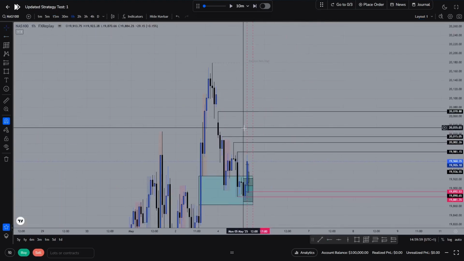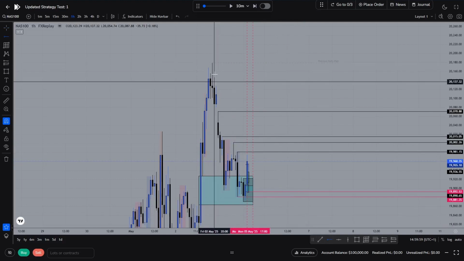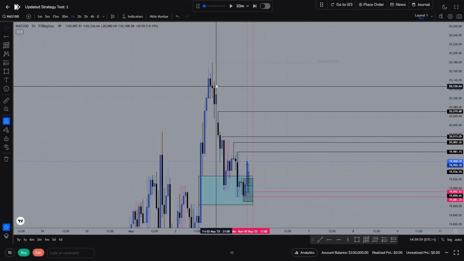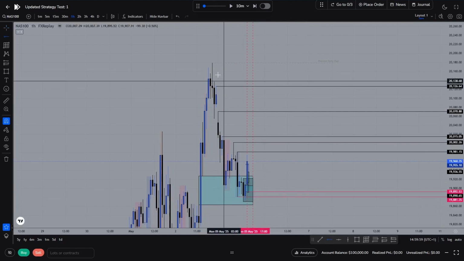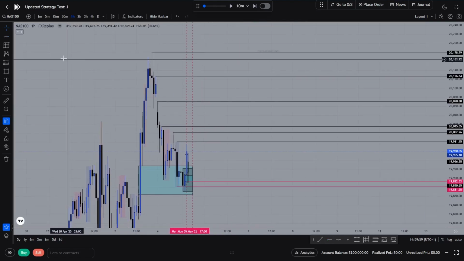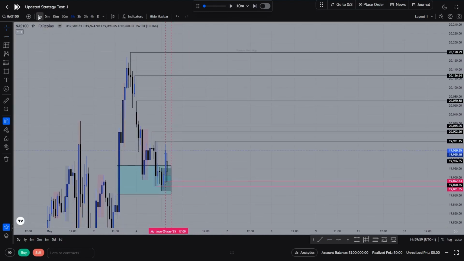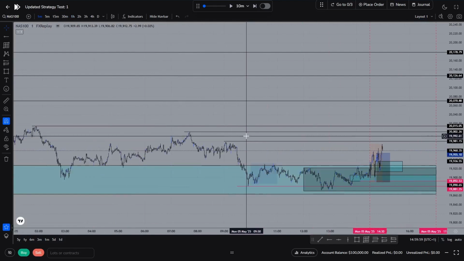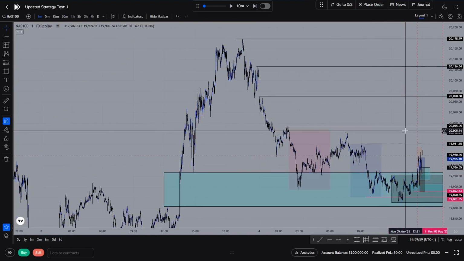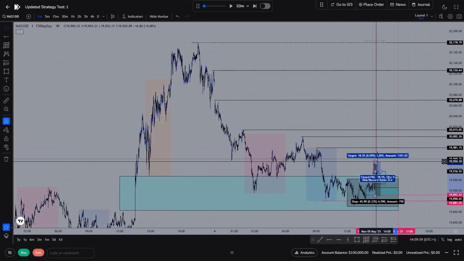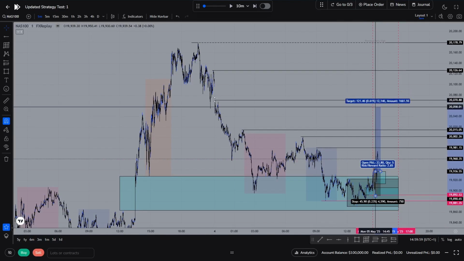Got the 1 hour, I'll come to the hourly highs. That's getting greedy, obviously. Is that possible? I believe so. And just to this high.